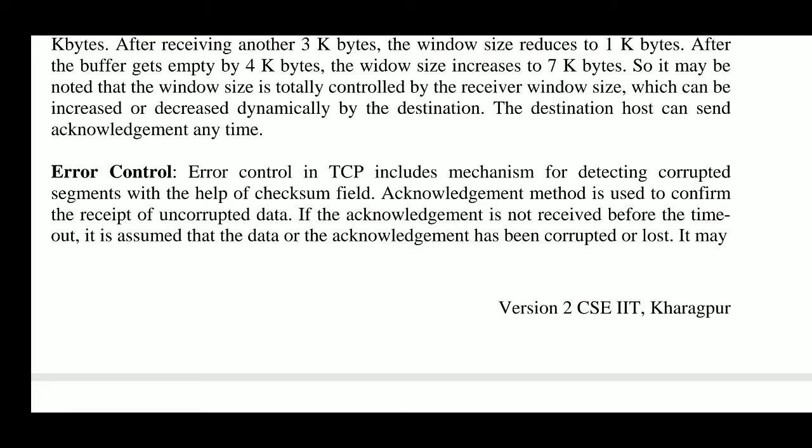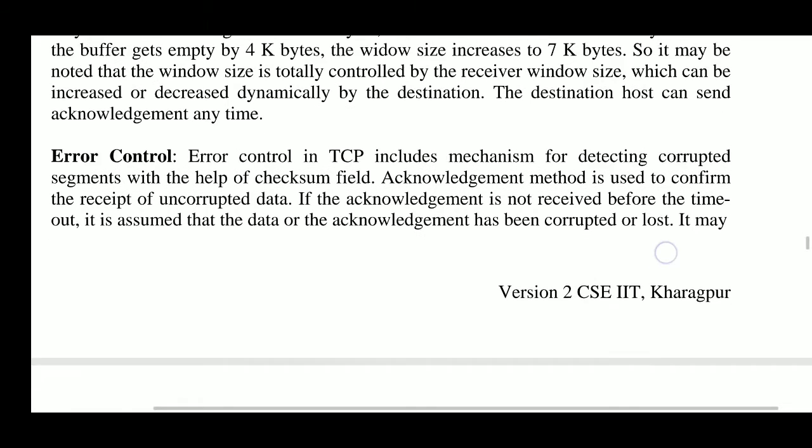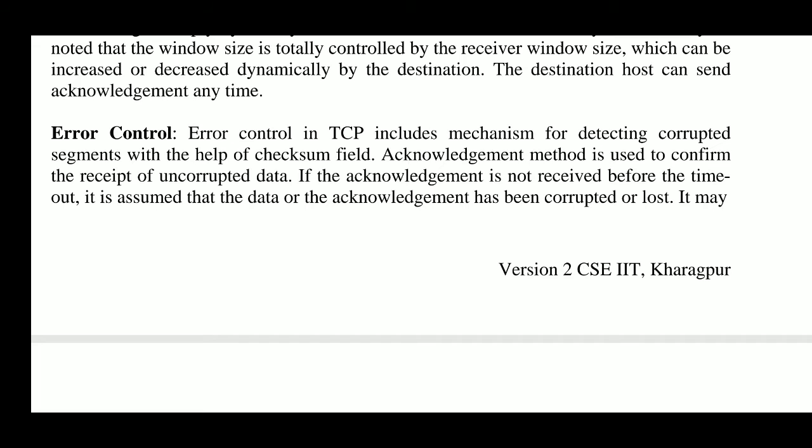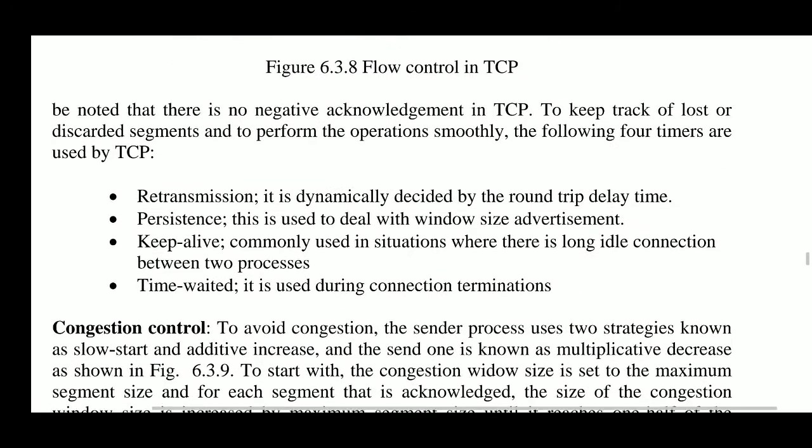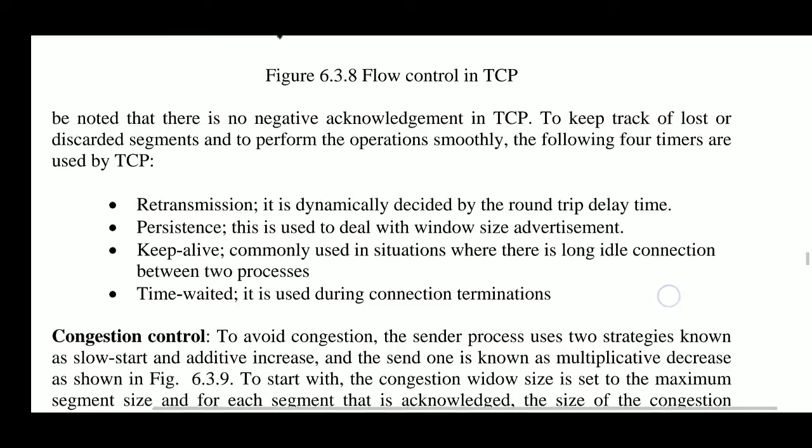So acknowledgement method is used to confirm the receipt of uncorrupted data. If the acknowledgement is not received before the timeout, it is assumed that the data or acknowledgement has been corrupted or lost. It may be noted that there is no negative acknowledgement in TCP.